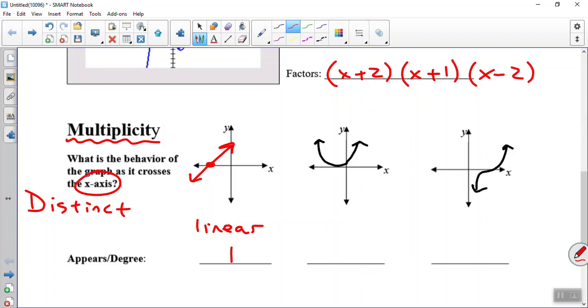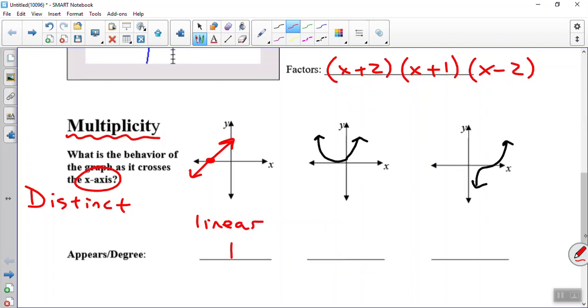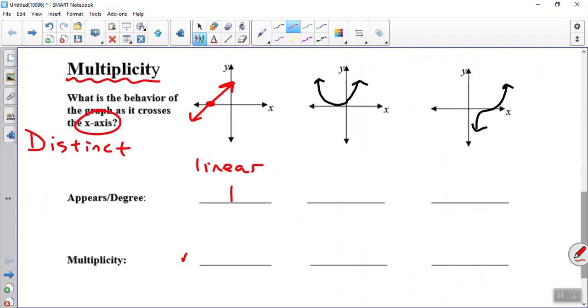So what we say is this has a multiplicity of 1, because the way it crosses the x-axis resembles a function that has a degree of 1.